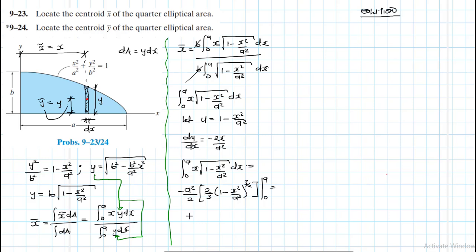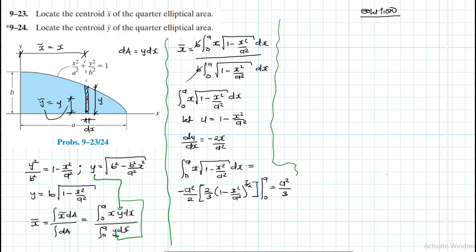And if you did the evaluation, you find that this is equal to a squared divided by 3. So we found one part.